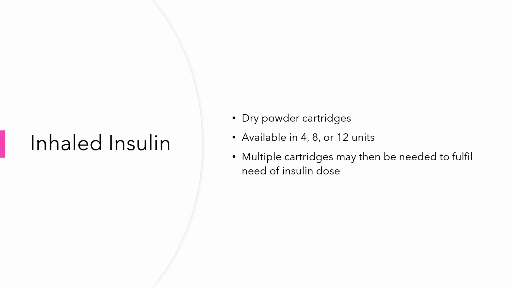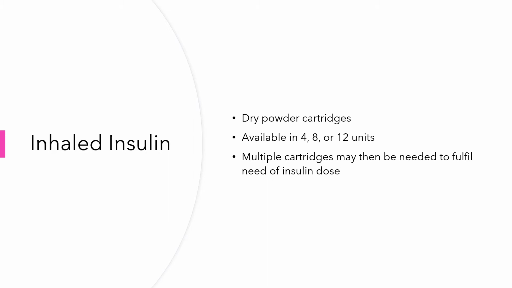Inhaled insulin is an option. These are dry powder cartridges that they'll inhale, and it can be available in 4, 8, or 12 units because this is how insulin is measured. So instead of milligrams and milliliters, the unit that we're using for insulin is units. Multiple cartridges may then need to be used in order to fill the dose if we're having to go through this dry powder way.